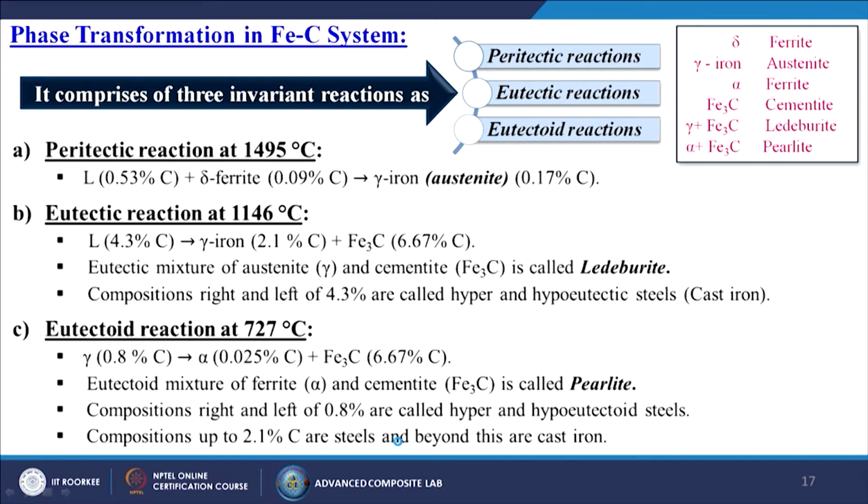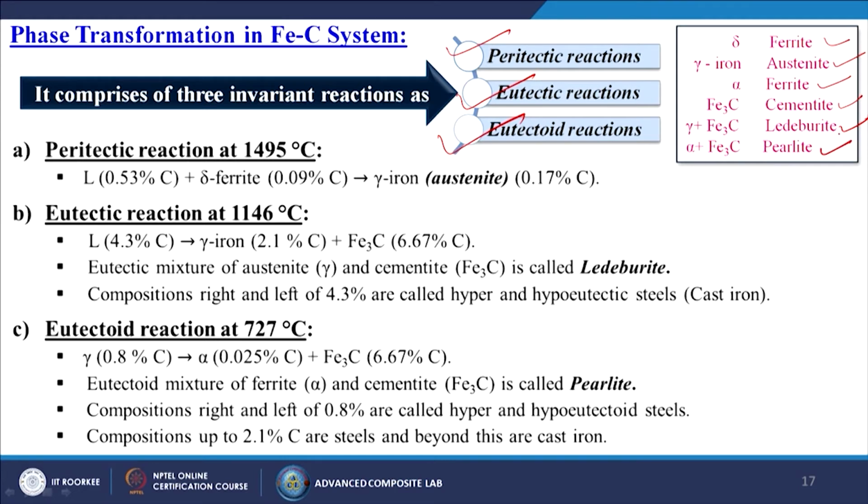Now phase transformations in the iron carbon system. It comprises three invariant reactions: peritectic, eutectic and eutectoid reactions. Here delta is ferrite, gamma iron is known as austenite, alpha is known as ferrite, Fe3C is known as cementite, gamma plus Fe3C is known as ledeburite, and alpha plus Fe3C is known as pearlite.